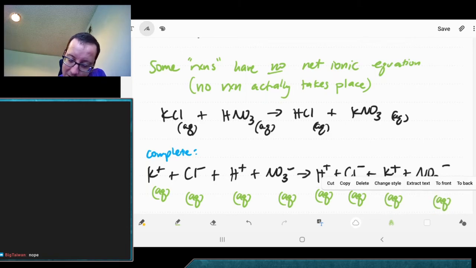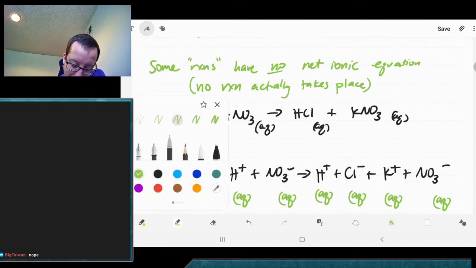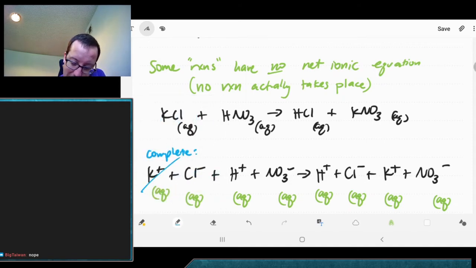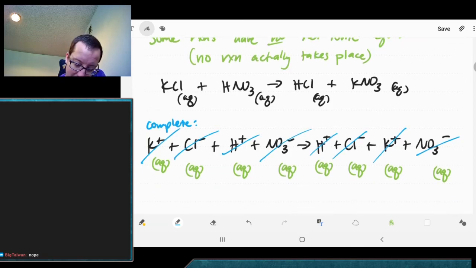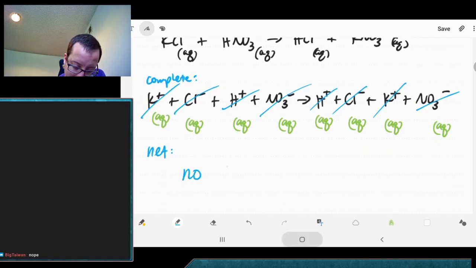Alright, so all this stuff is aqueous, right? So we see both sides. We have potassium ions, we have chloride ions, we have hydrogen ions, we have nitrate ions. There's nothing left over, no reaction actually took place.